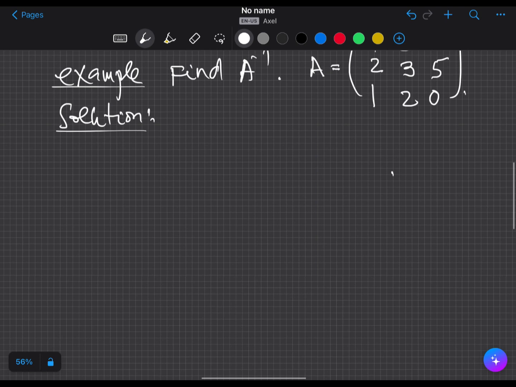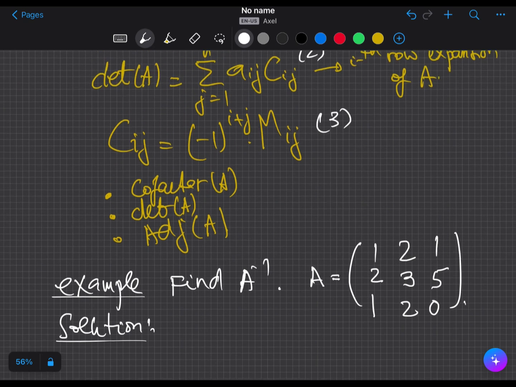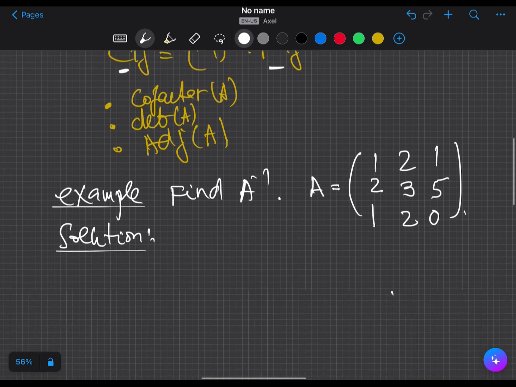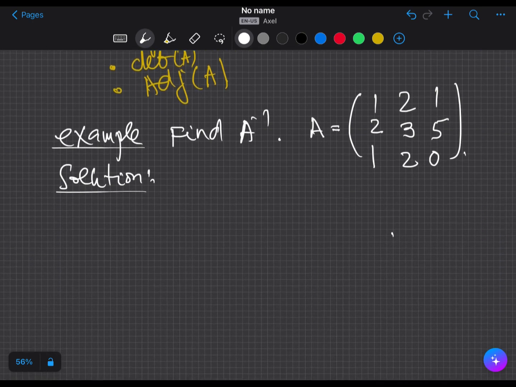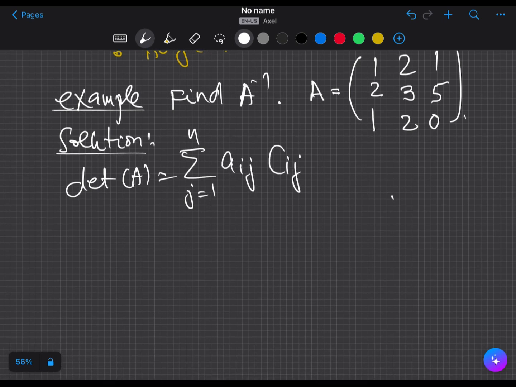Okay, so it means that we need to find the minors of A, because the determinant is expressed in terms of cofactors, and cofactors are expressed in terms of minors. So, in our attempt to find the determinant of A, we need to find the minors of A because this is the expression of the cofactor.